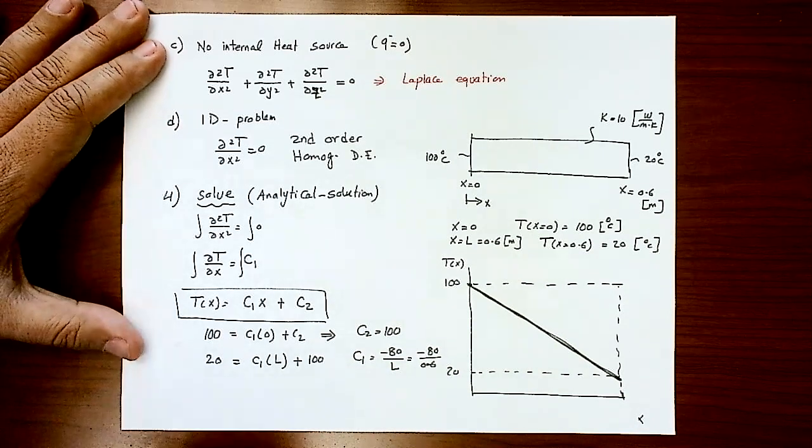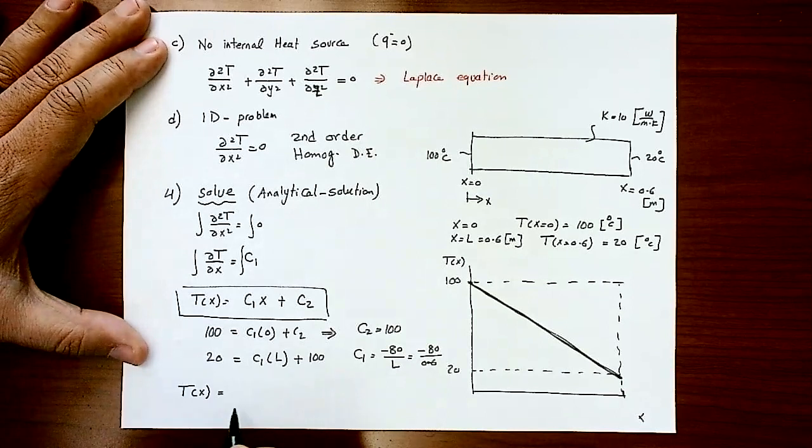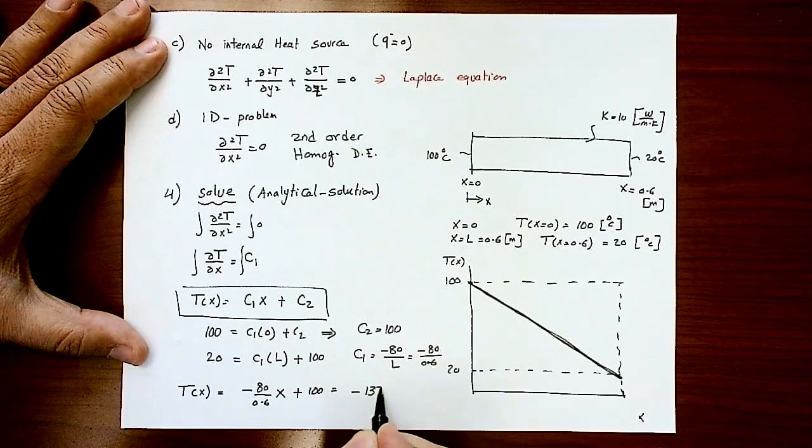Now I can get the actual equation, T as a function of x is equal to minus 80 over 0.6 times x plus 100. Then if you divide that, it's going to be minus 133.3x plus 100.